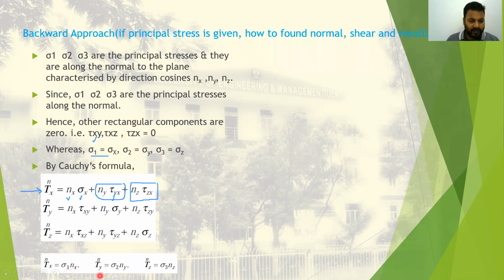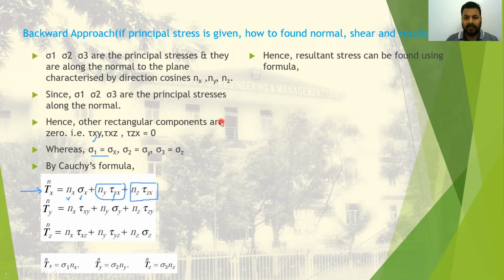So Txn is equal to sigma 1 nx. In a similar fashion, we can get Tyn, which is equal to sigma 2 ny, as the other rectangular components are 0, and Tzn can be represented like this. So these are the values of stress components along x, y and z axes. Once Txn, Tyn and Tzn are found, we can find the magnitude of the resultant stress, Tn.